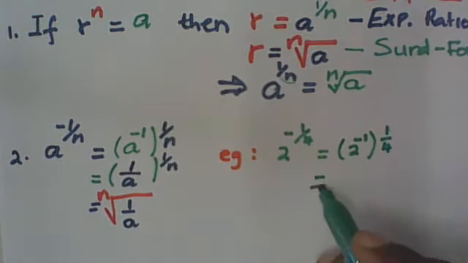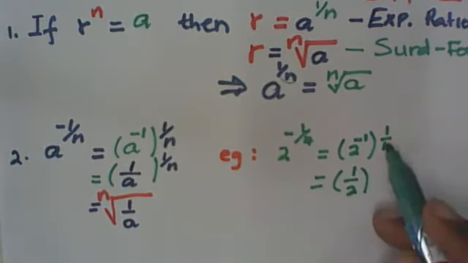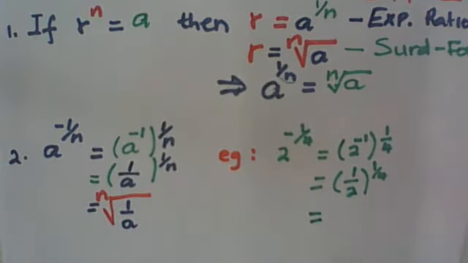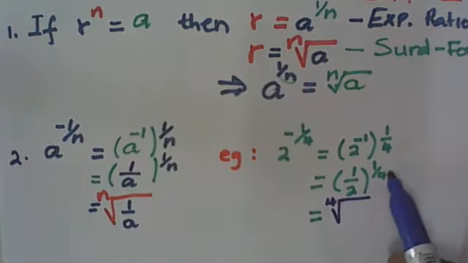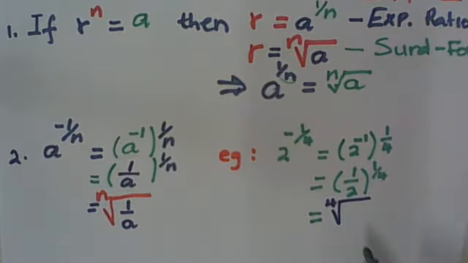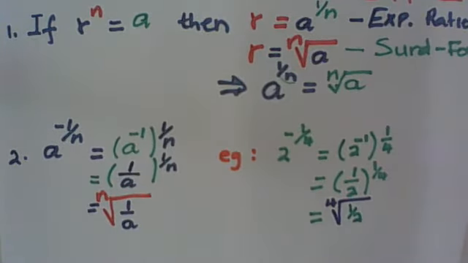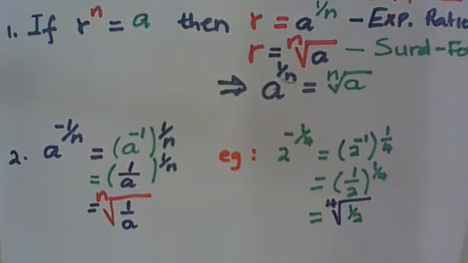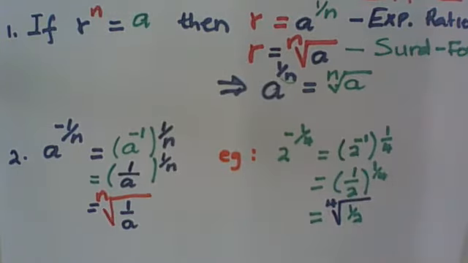And then this turns into 1 over 2, then to the power 1 over 4. Now this becomes the fourth root of 1 over 2. Now we changed it from a rational exponent to a surd.